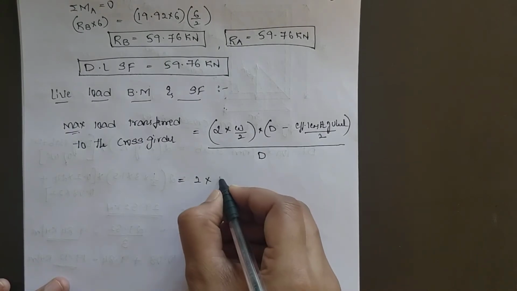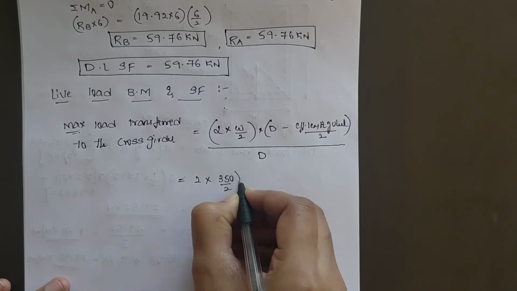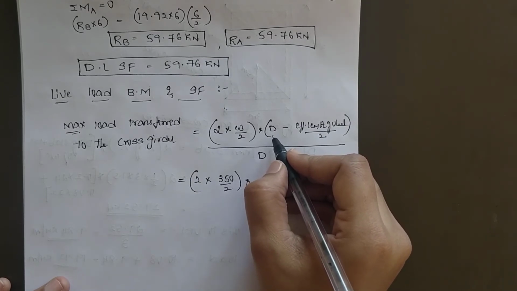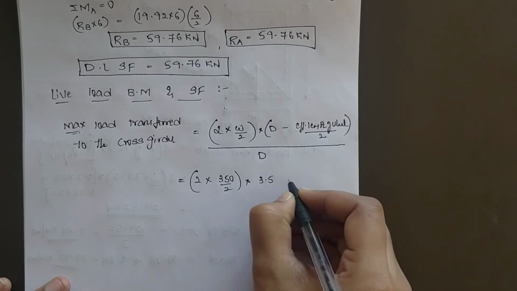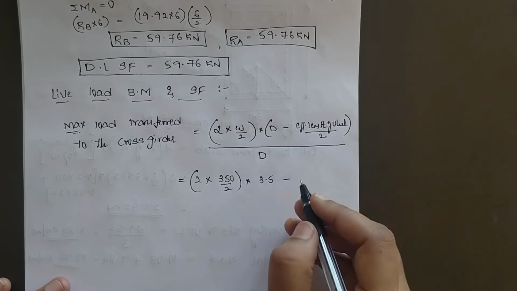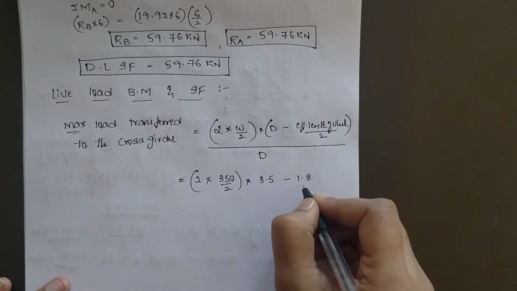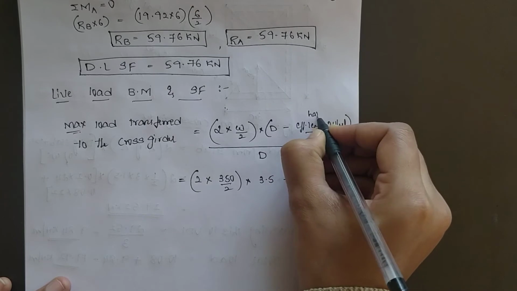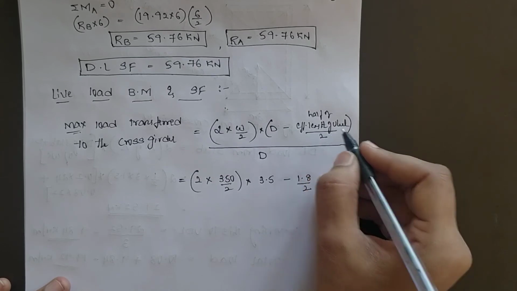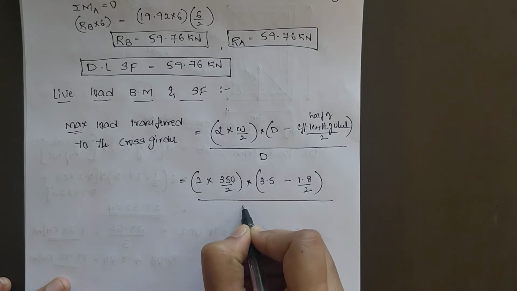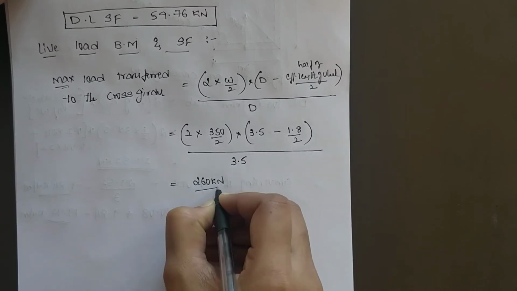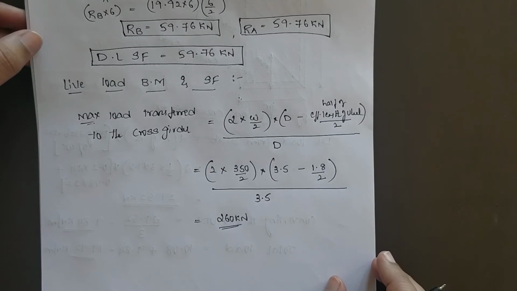Off of that, one wheel is 350. So 350 divided by 2 into the spacing of the cross girder, which we have considered as 3.5, minus the effective length of the wheel, 1.8 divided by 2, whole divided by 3.5. You will get 260 kilonewton.